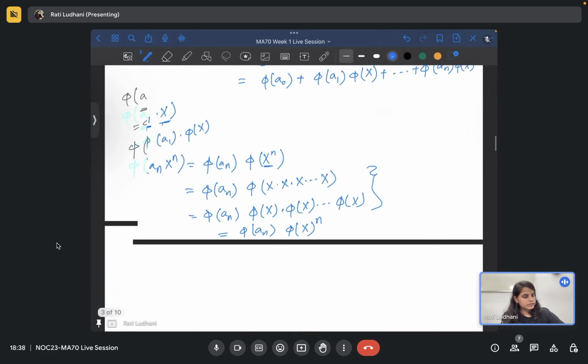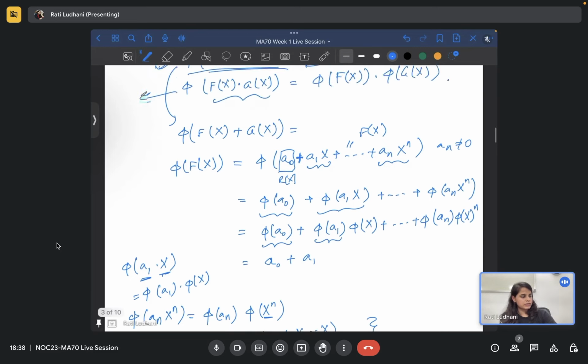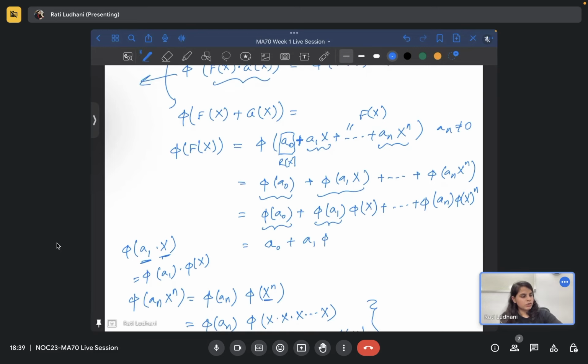So as I said, this is my requirement. Again phi of a0 is a0 because I want phi to fix elements of ring R. Phi of a1 is a1 because this is an element of R. And what is phi of x? What do we want x to map to? ax plus b. Exactly, ax plus b, and so on.